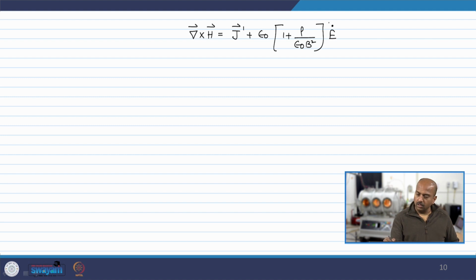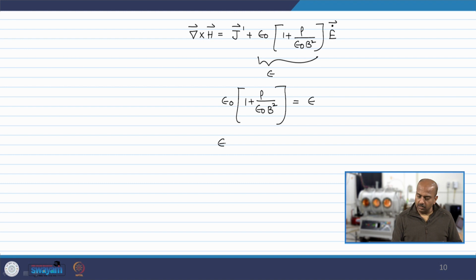times E dot. Now, if it is in a medium or if it is not in vacuum, it is ideal that we use the permittivity epsilon. Epsilon naught is the permittivity of free space. If it is not in vacuum, we can use epsilon, which represents the permittivity of the plasma or the medium. So, this product epsilon naught times 1 plus rho by epsilon naught B square should be equal to epsilon.